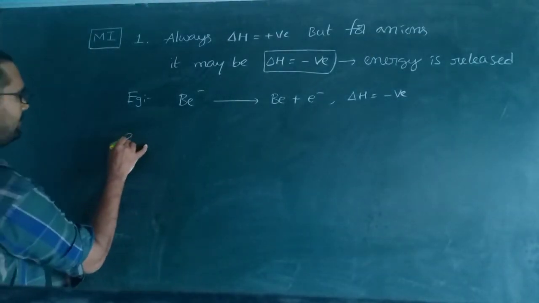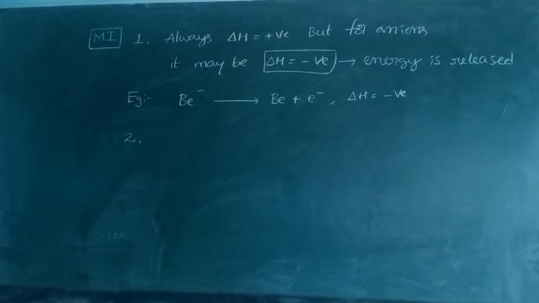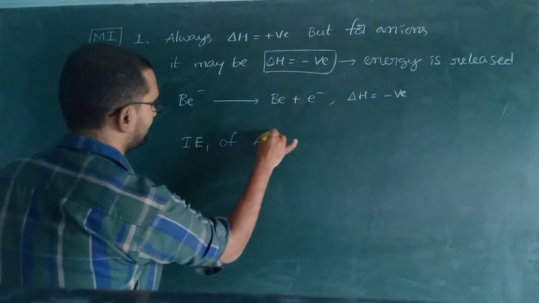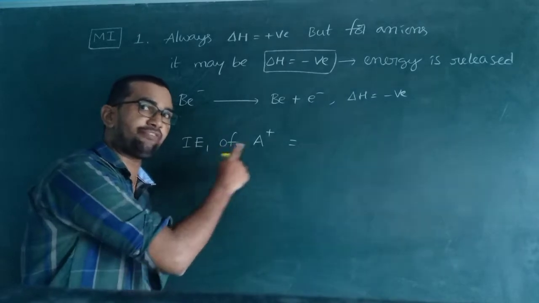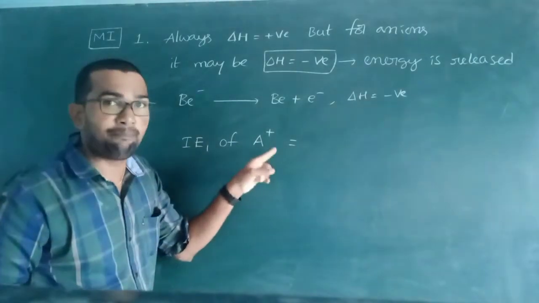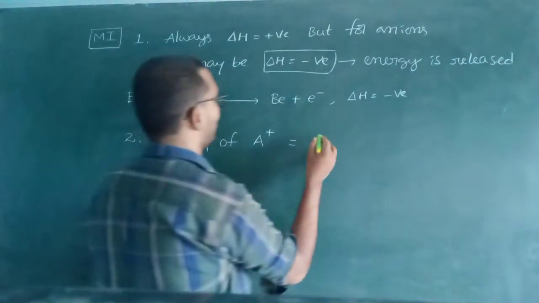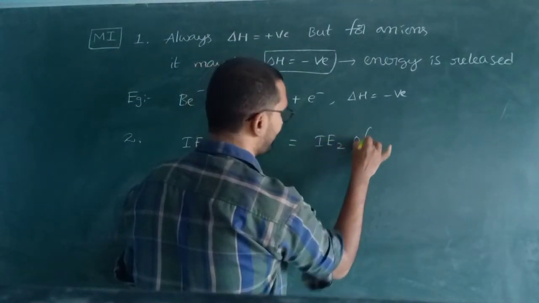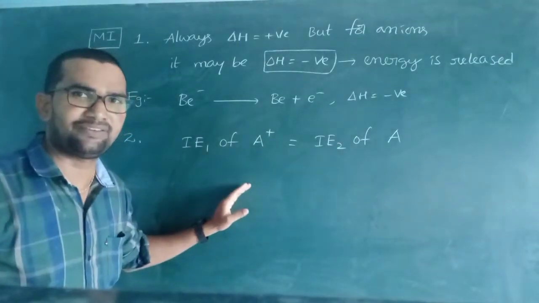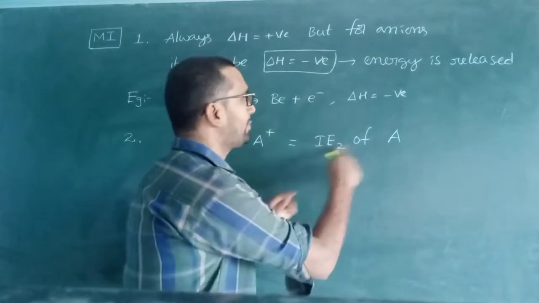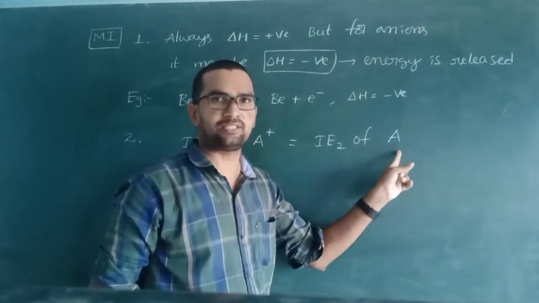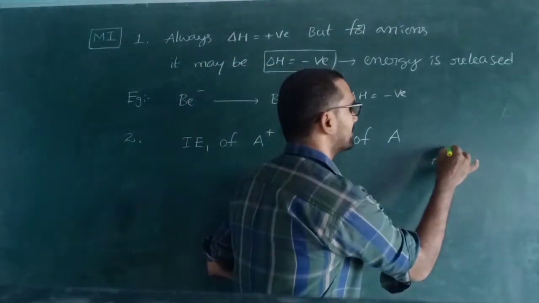Second point, very interesting. IE1 of A plus means A is already converted to A plus, and removing one more electron is equal to IE2 of A. IE2 of A means the second electron; removing 2 electrons from A converts it to A2 plus.